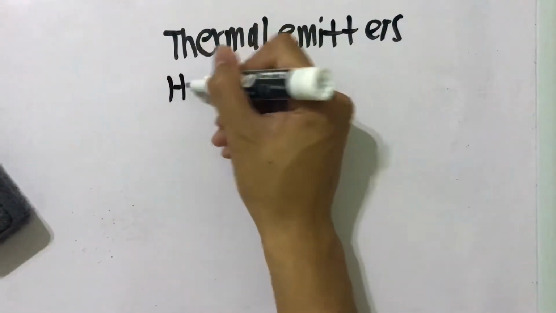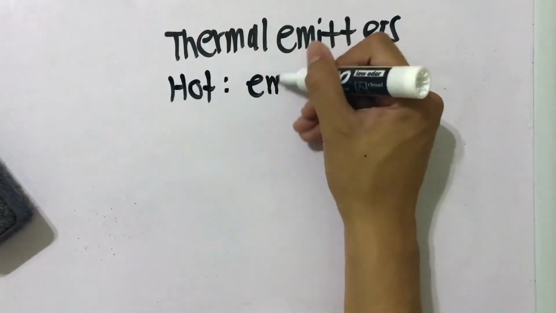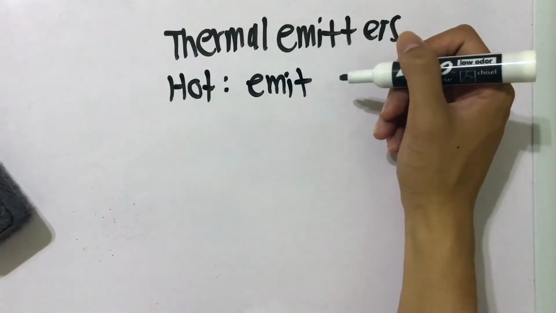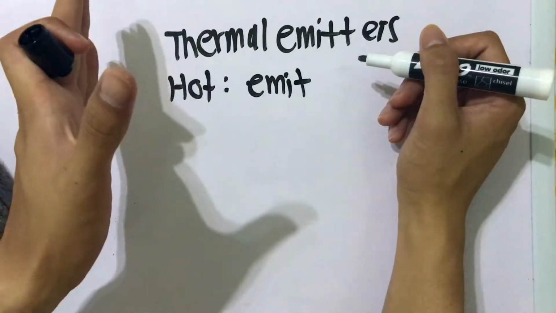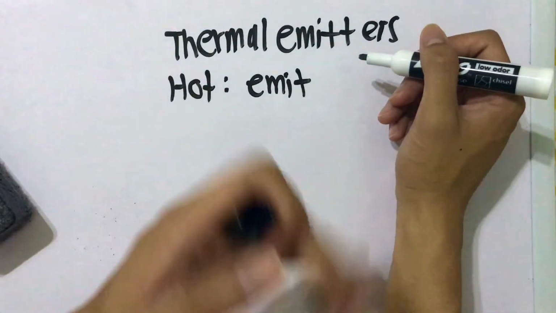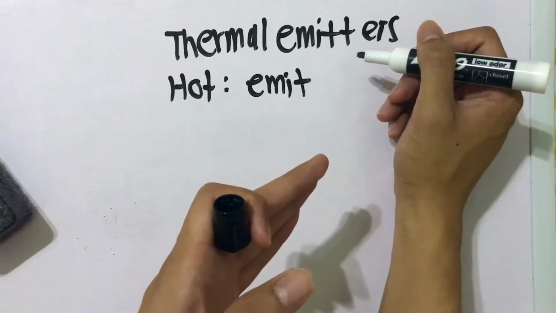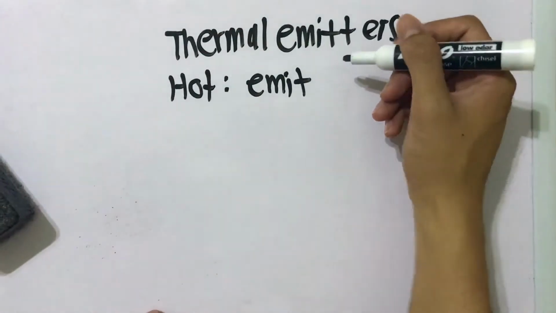hot is actually emitting shorter wavelength radiation, as we talked about in the last video when we mentioned the electromagnetic spectrum, and we said that violet emits shorter wavelength radiation, which turns out to be more energy than red color, which emits longer wavelengths and turns out to be less energy.